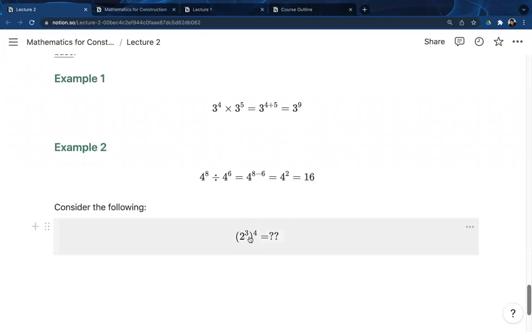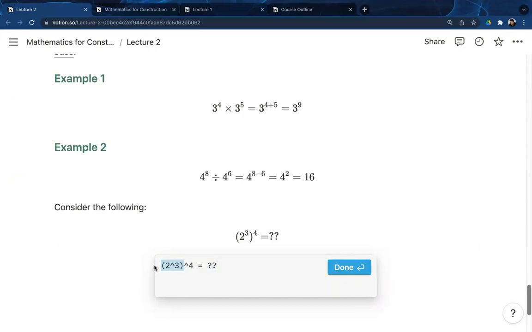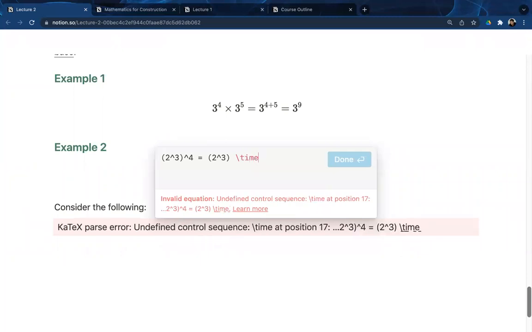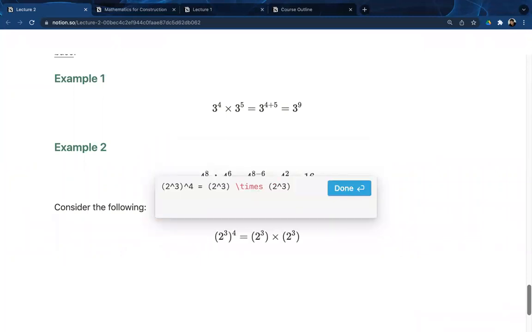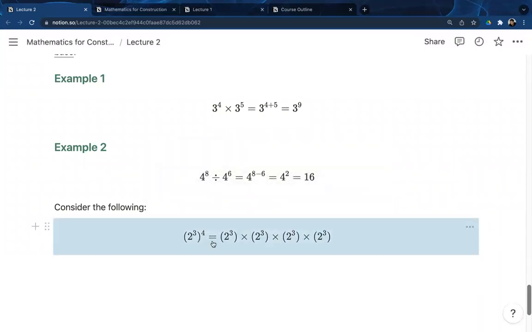Let's use the definition of what the power 4 is, right? What's the power 4? 4 means we have the thing by itself 4 times, right? So this is the definition of what it means to raise something to the power 4. But the thing we are raising to the power 4 is itself a power.